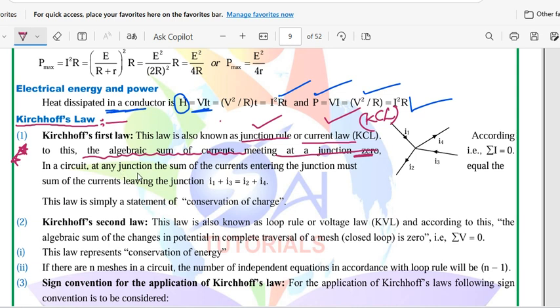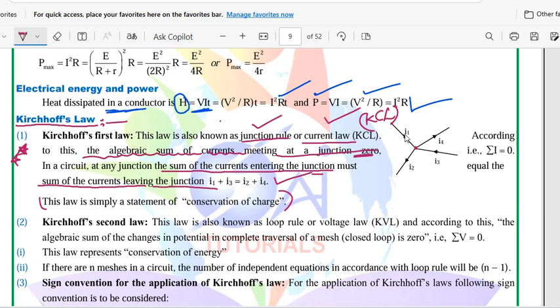So in a circuit, at any junction, the sum of the currents entering the junction must be equal to the sum of the currents leaving the junction. Whatever currents meet at that junction, their algebraic sum will be 0. See, this is the junction point.